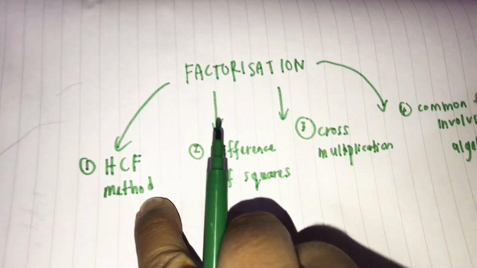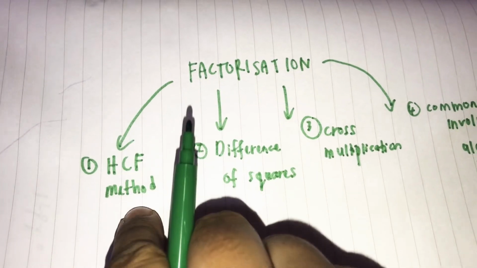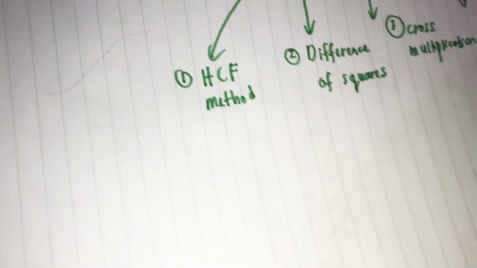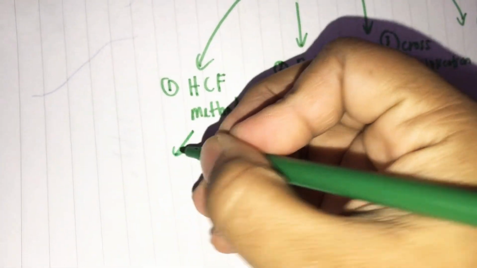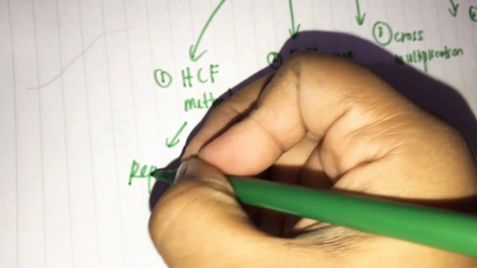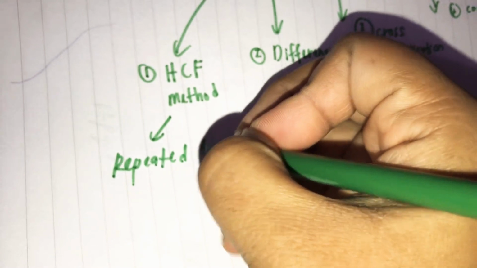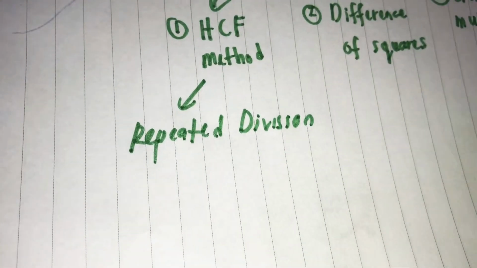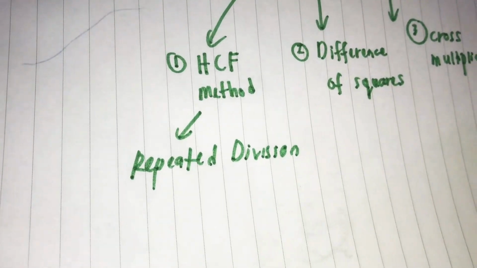You can recall your prior knowledge from Form 1. You learned repeated division, right? Remember this one? You learned repeated division in chapter 2, repeated division or algorithm.